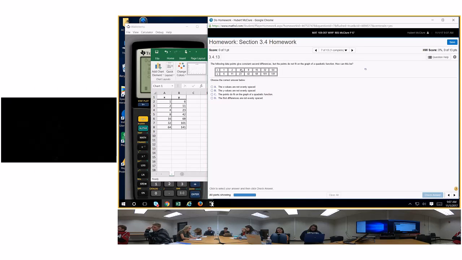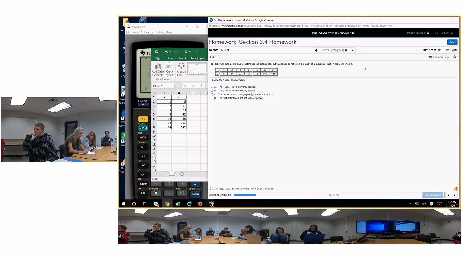1, 2, 4, 8, 16: 2 to the 0, 2 to the first, 2 to the second, 2 to the third, 2 to the fourth. Looks like they're evenly spaced, but I'm not going to go there. The y values are not evenly spaced. The points do not fit the graph.